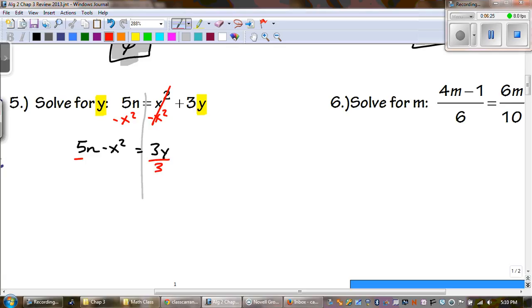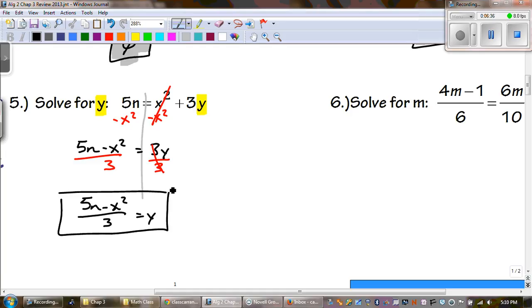So once again, to get the y by itself, we're going to divide, and then we can leave our answer just like that. The 5n minus x squared divided by 3 equals y. And we can leave it like that because nothing really reduces inside. So y equals 5n minus x squared, all divided by 3.